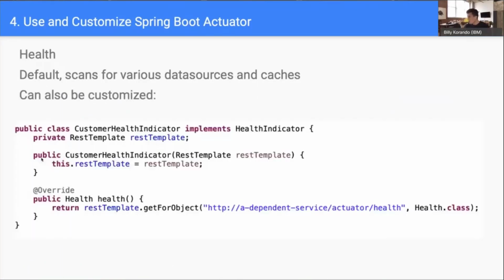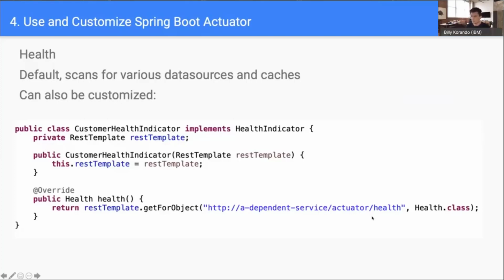Hypothetically, a service you have depends on some downstream service, and if that downstream service is down, then you consider this upstream service down as well for whatever reason. That's maybe not the greatest example, but let's just accept it for what it is. You can write a custom health indicator like this, where I'm just making a REST template call, or HTTP request, down to this dependent service's actuator health, and if it's returning 200, then it aggregates and returns 200.